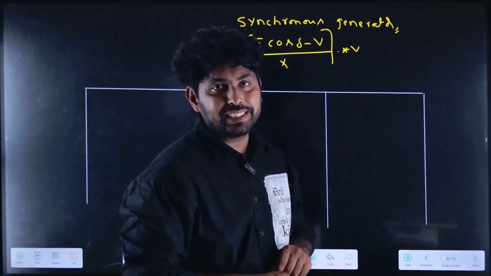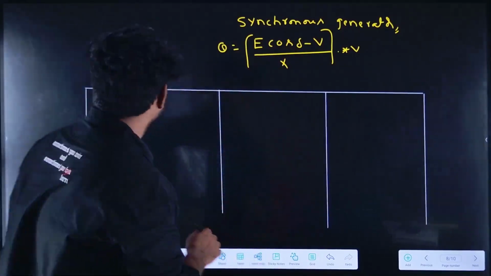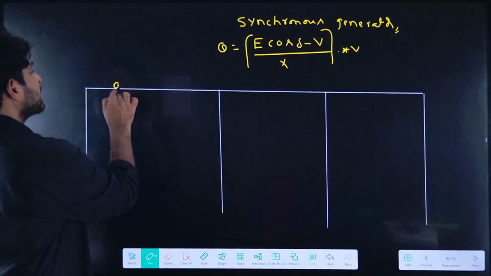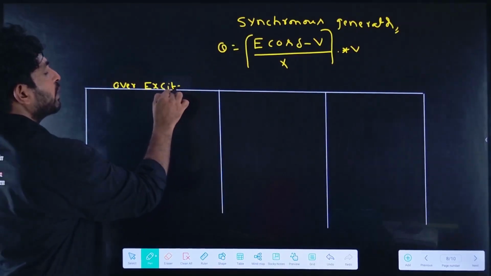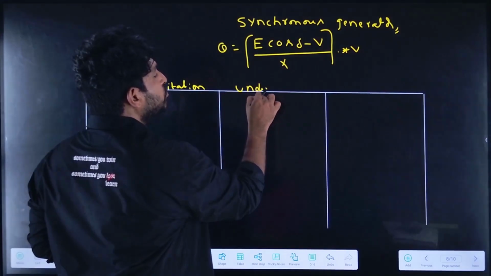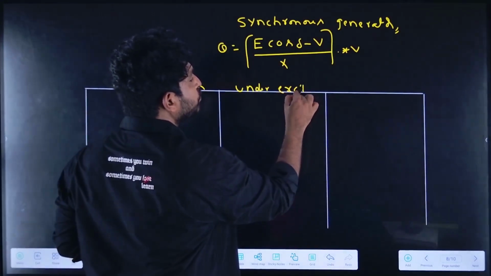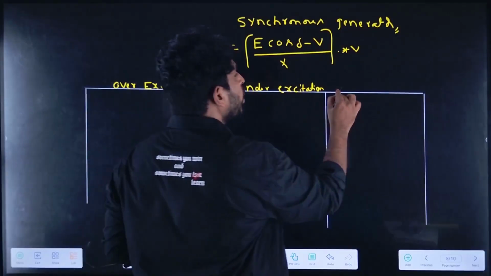Now the generator is there. Here there are three conditions. Let me take over excitation, under excitation, and normal excitation.